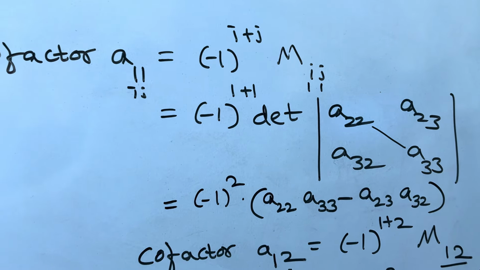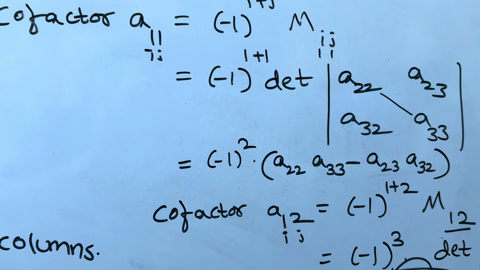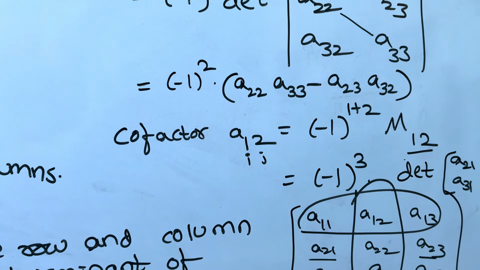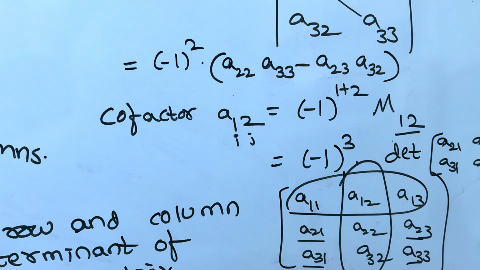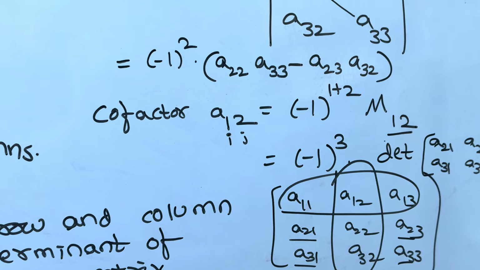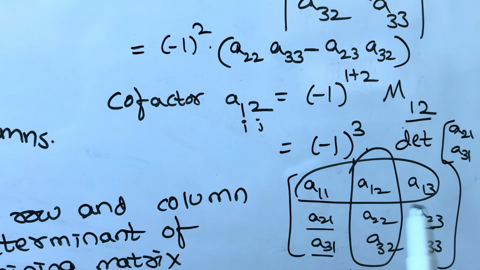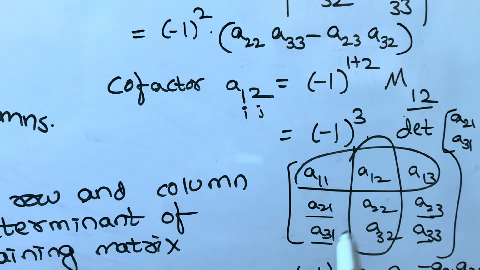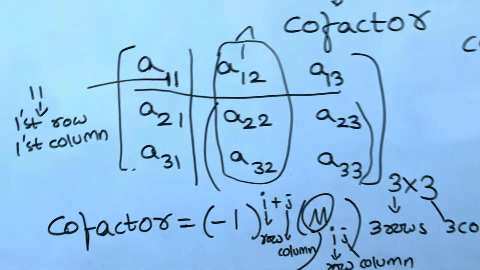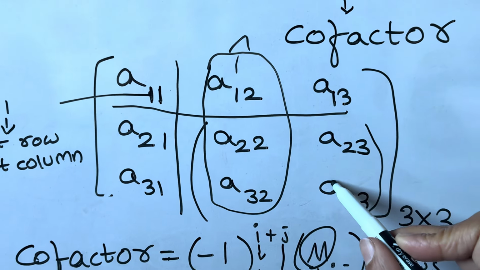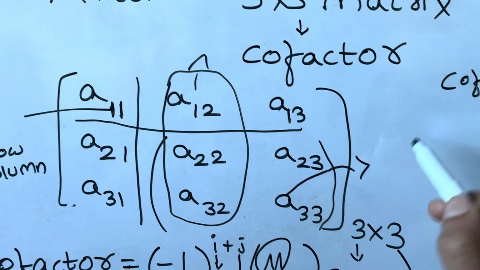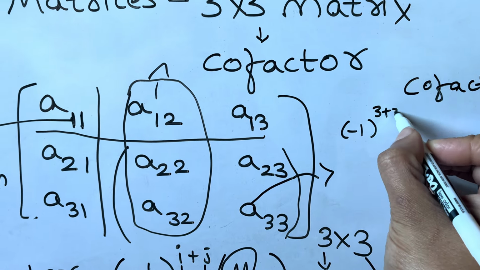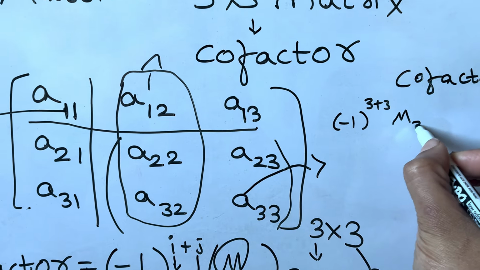And if you want to find the cofactor of A12, the first row second element, then you're going to multiply minus 1 to the power 1 plus 2 and the minor of 1 and 2. Minor of 1 and 2 means eliminate the first row and second column and then find the determinant of the remaining matrix using AD minus BC. In that way, suppose you want to find the cofactor of A33, it is minus 1 to the power 3 plus 3 and the minor of 3 and 3.